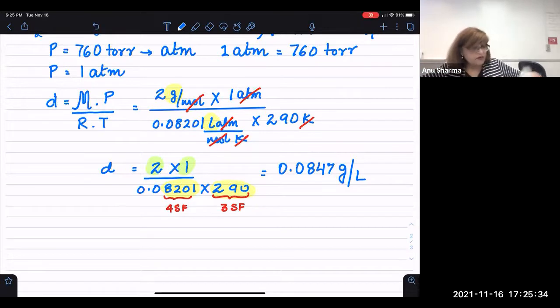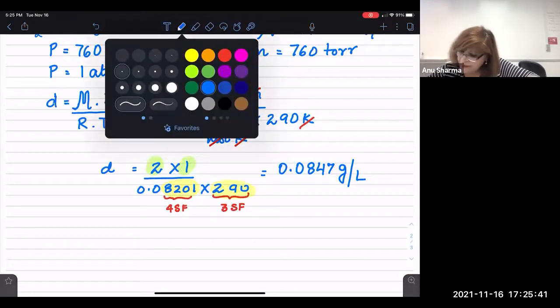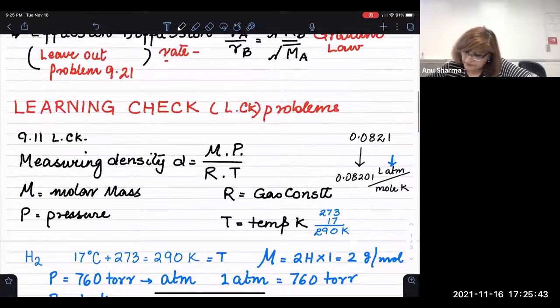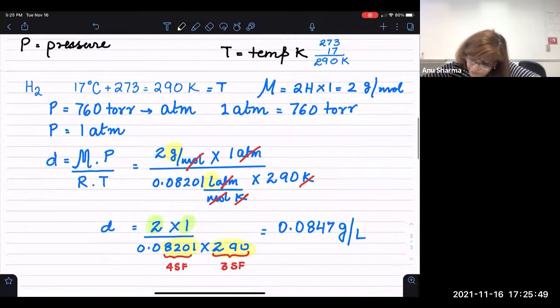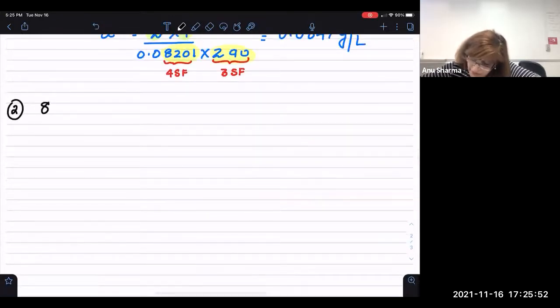Okay. Now let's move on to the next one, which is 8.12. 8.12 learning check.